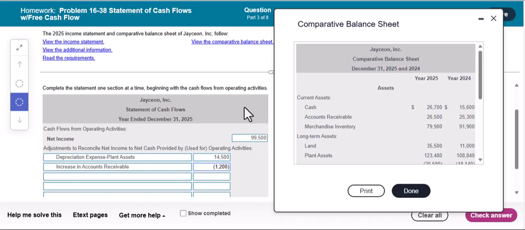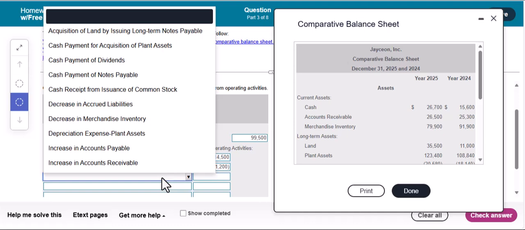So then our next current asset is merchandise inventory. What happened here? It looks like we started with 91,900 in 2024, and then it decreased to 79,900. And so that difference there is a $12,000 difference. So will that merchandise inventory decrease be positive or negative in our operating activities?